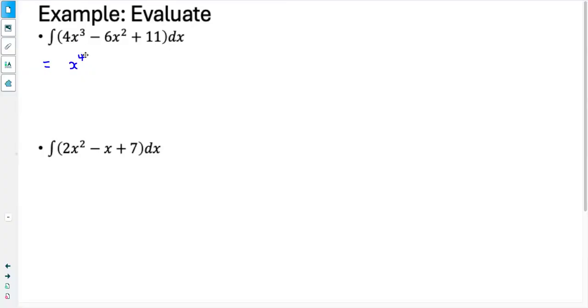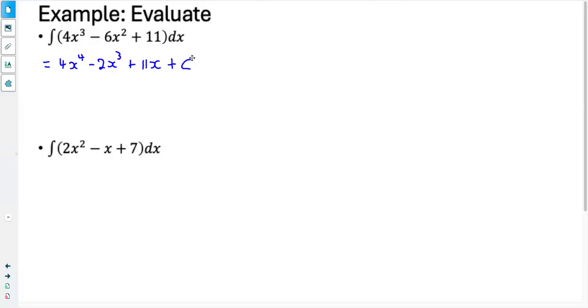And then normally taking the derivative, we'd have this come down in front, so that's where we got that 4 there. So I've got 4x to the 4. And then we know that this would be x cubed. So if we brought this forward, we have to think of what times 3 is going to give us that 6. So that'd be a 2. And then we know this would be 11x. And then we've got plus a constant.